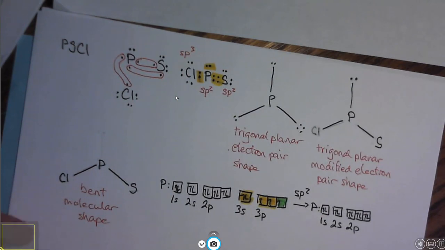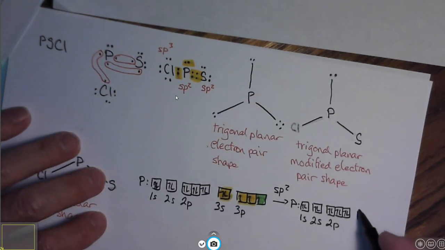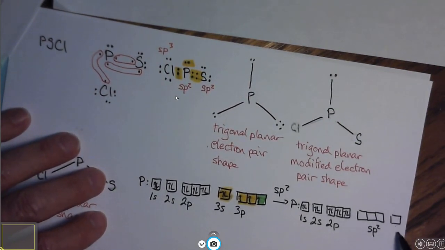So we're not going to hybridize this last p orbital. So we'll have 3 orbitals grouped together, and that's our sp2 hybrids right here. And we got this p orbital over here that's not hybridized.